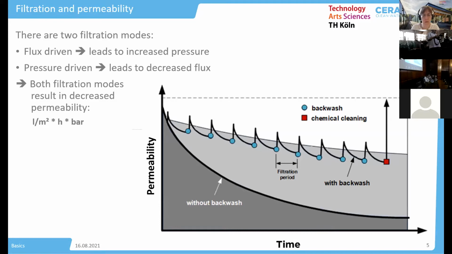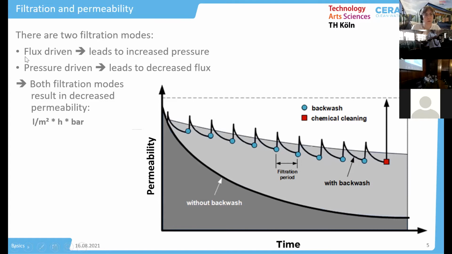This is not so typical for water and wastewater treatment. This is more done in biotechnology, because you often have very pressure-sensitive systems, and there you decide to have a pressure like 2 bars, and you do not want to increase over this pressure.